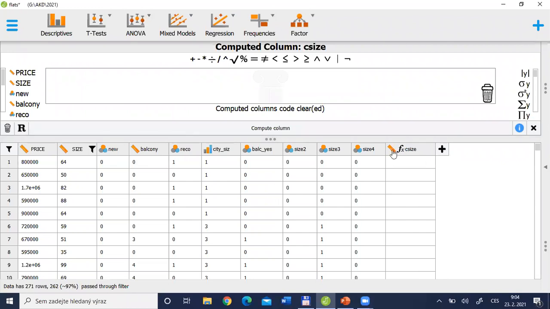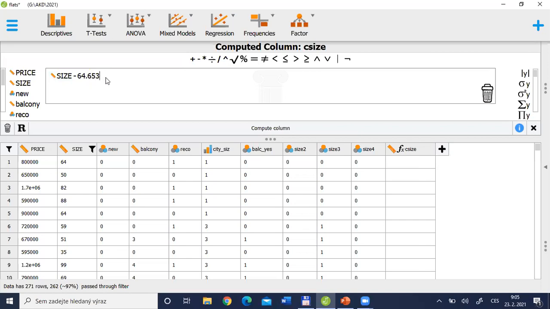Here is the dialog for computation of C size. We are computing something, that's why JASP includes the symbol fx, meaning it would be some function of previously defined variables. I would take size minus 64.653. So I would subtract 64.653 square meters from every size to achieve a variable with a new scale. 0 would mean an average flat with 64.653 square meters.